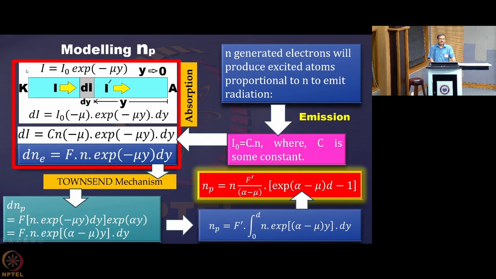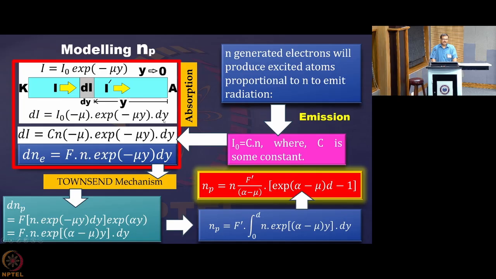Then dI becomes I0 times minus mu into exponential minus mu y into dy. This is the kind of relationship it bears with this small length of the gas of dimension dy.